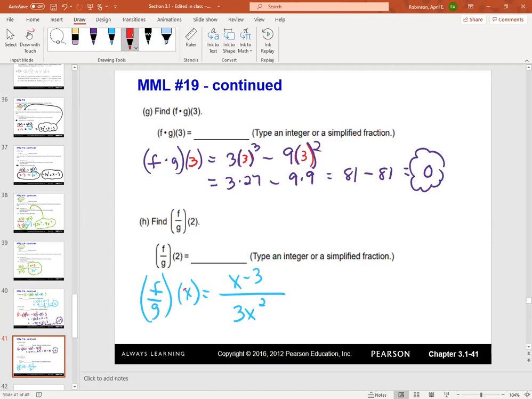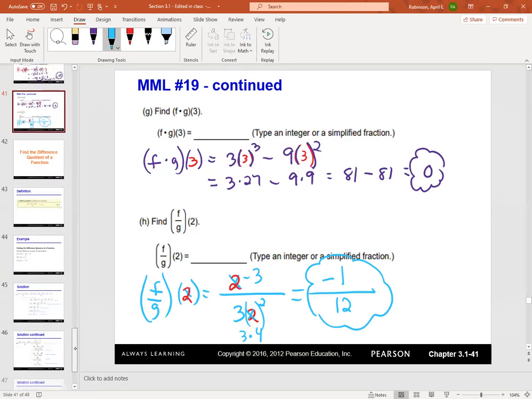So you're just going to stick a 2 wherever the x is. And of course, in the denominator, I'd have to put it in parentheses. So my numerator is going to be 2 minus 3, which is negative 1. And then my denominator is going to be 3 times 2 squared, which is 4. So that's 12. And that's my answer, a simplified fraction, negative 1/12. And that finishes that up.